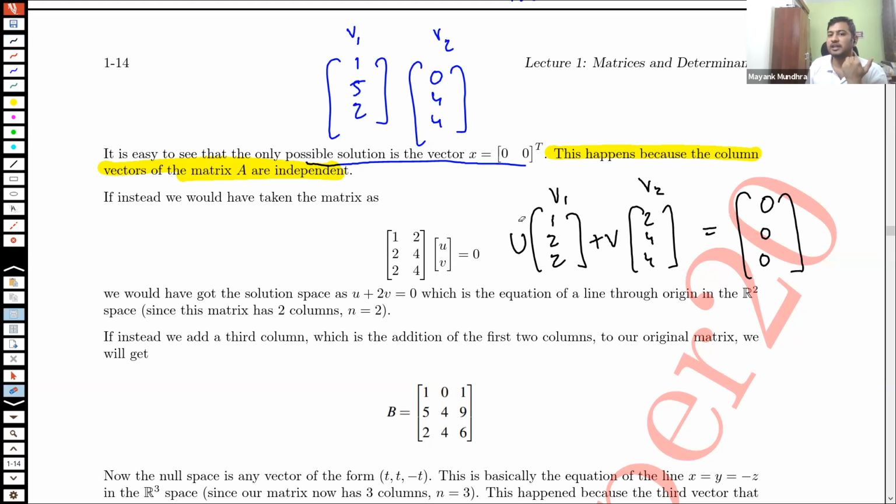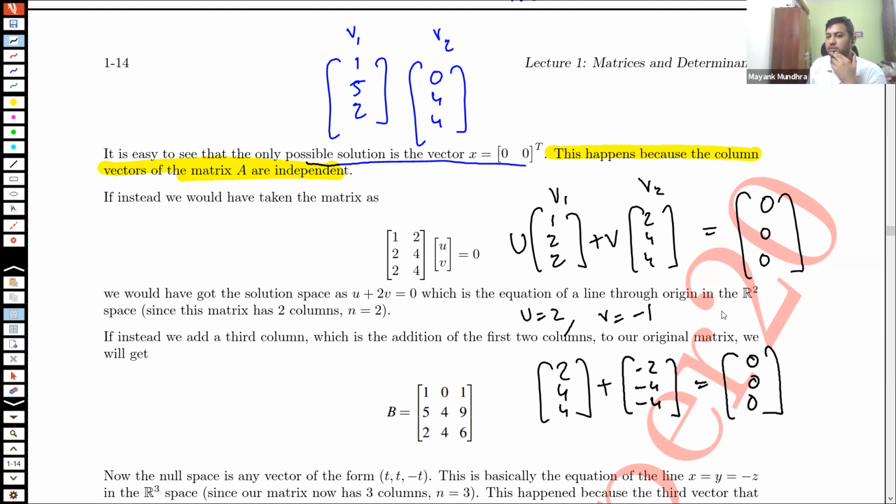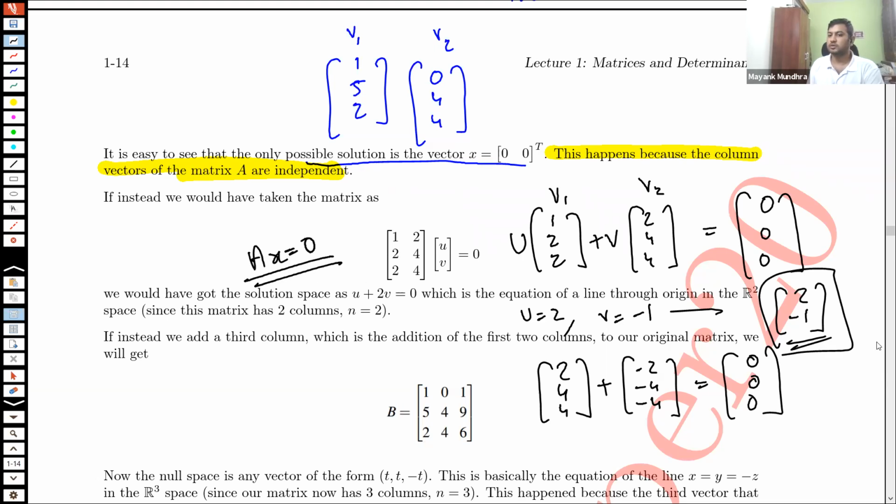Now notice that if I take u equals 2 and v equals -1, then u times v1 becomes 2, 4, 4, and v times v2 becomes -2, -4, -4, which adds up to 0, 0, 0. So 2, -1 is a solution to Ax equals 0. I'm trying to solve Ax equals 0, so 2 comma -1 is also a solution to Ax equals 0.